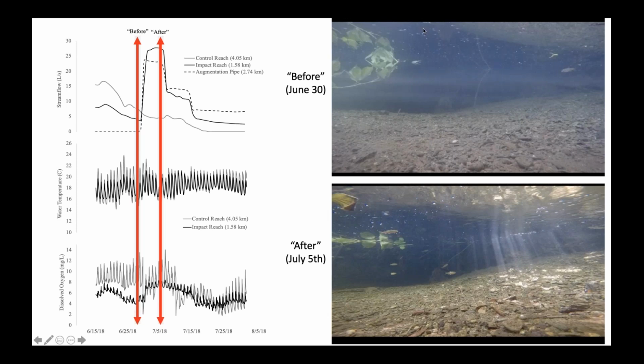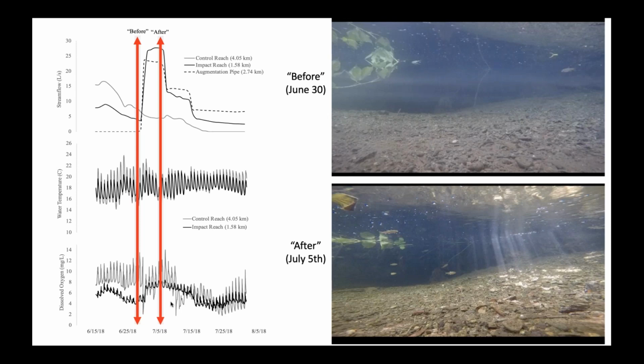You can see on the left-hand side, I have stream flow, water temperature, and dissolved oxygen. And I've got 2 red arrows, a before and an after interval. And I'm going to show you video from the before and the after interval of juvenile salmon behavior. You also can see, if you look at water temperature, that the effect of augmentation here had a very negligible effect on temperature, but a significant effect on dissolved oxygen at the bottom left panel there.